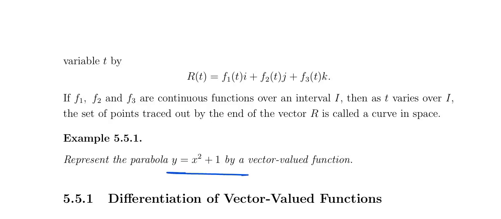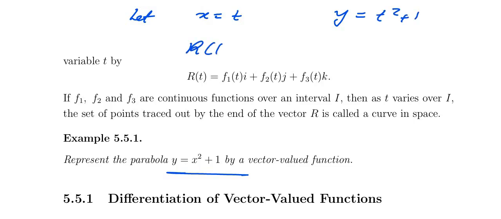They're saying represent a parabola by a vector valued function. So we can let x be equal to t, then y is going to be, where there's x, put t, that's going to be t squared plus 1.